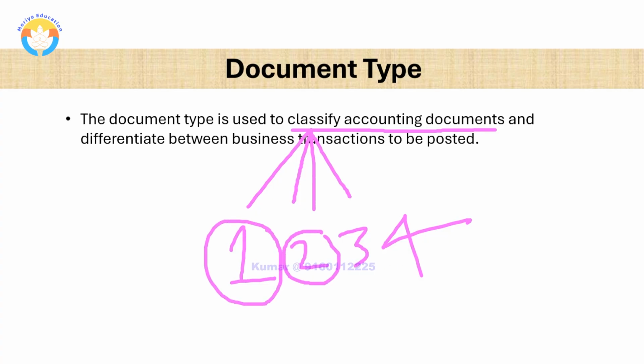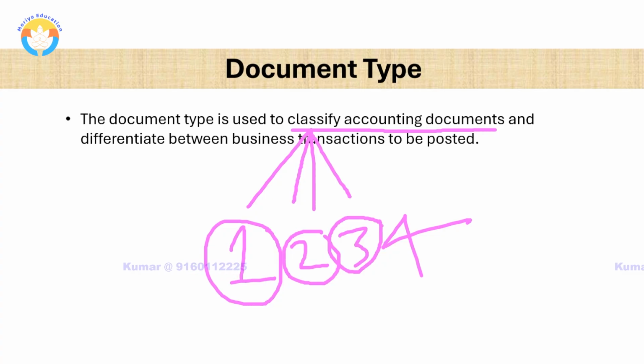Different age groups. We are classifying the students. Classifying means we are grouping students based on their age. We have divided the students based on the age group, and then we are giving the knowledge based on their age, right?